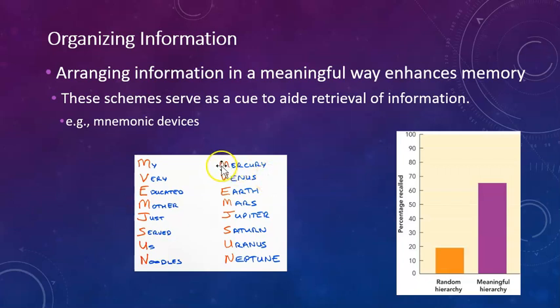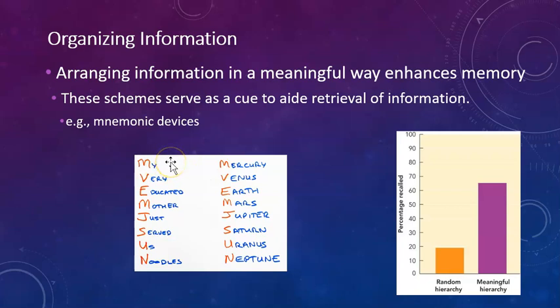So for example here, in order to remember the order of the planets, instead of just making a list of Mercury, Venus, Earth, Mars, Jupiter, Saturn, Uranus, Neptune, we can create a mnemonic device that makes something very meaningful. So instead of remembering the order of the planets, we can make a sentence using just the first letter.